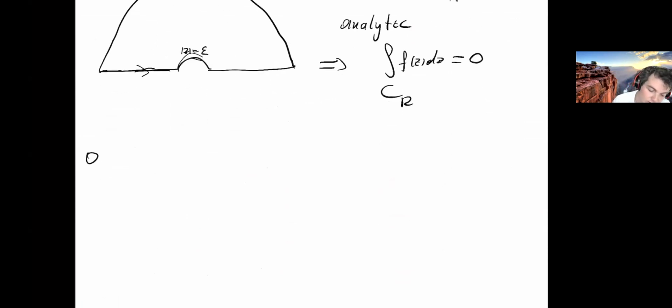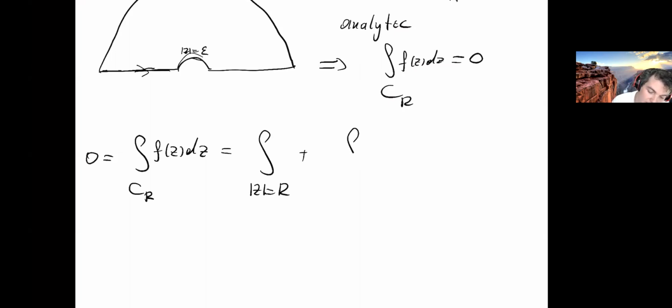All right, so 0 is equal to the integral over CR f of z dz, which is equal to the integral over z equal to r, plus the integral over this part. And this part is what? It's the integral from minus r to minus epsilon of e to the ix over x dx.